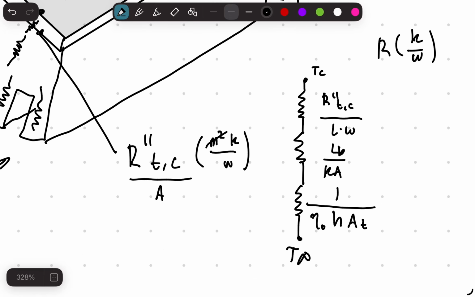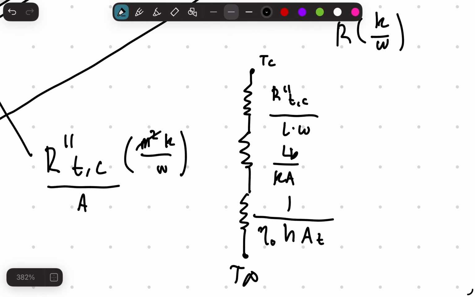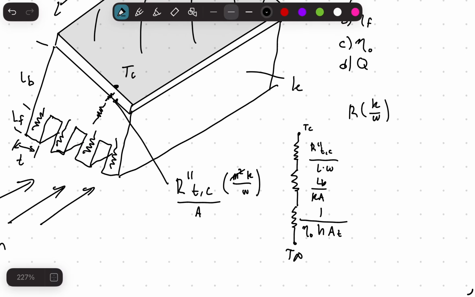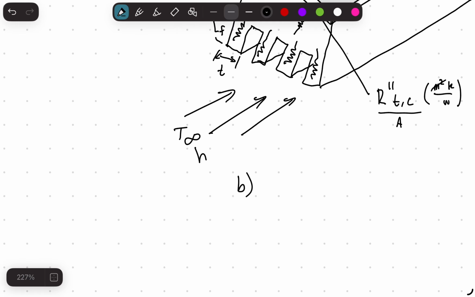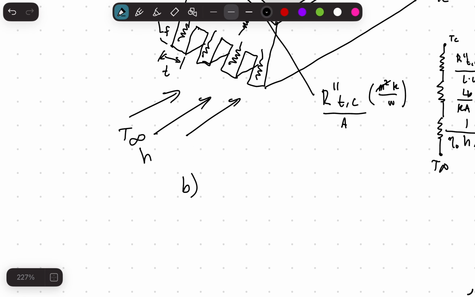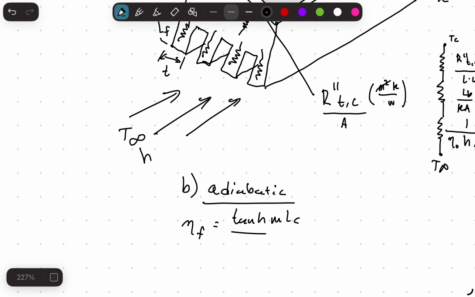Be sure that when you're writing these, write in the values of every single variable that you see, so you don't have to rewrite it through the entire problem. So for part B, you're going to be using your equation sheet. For adiabatic fins, which this problem is, we're going to use, for a single fin, the hyperbolic tangent of mLc over mLc.